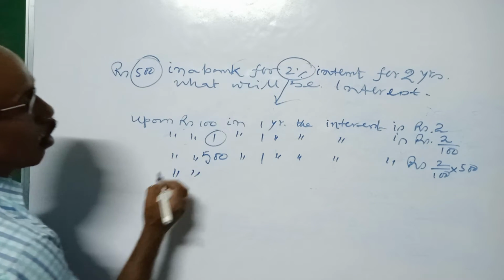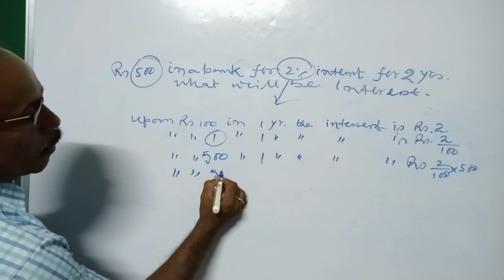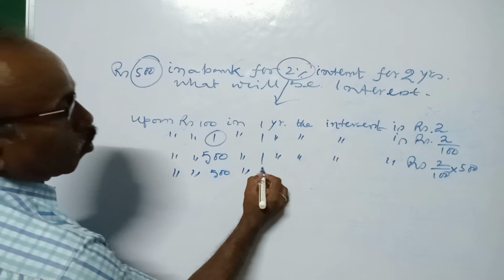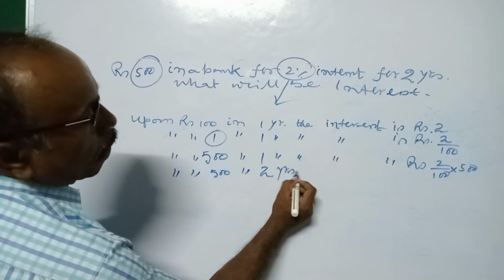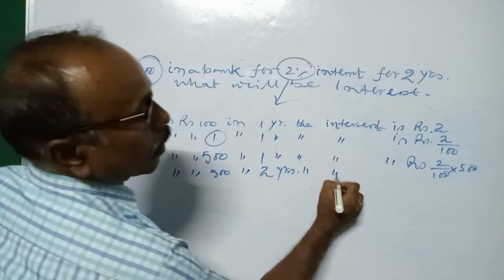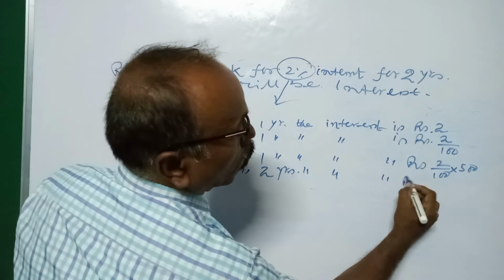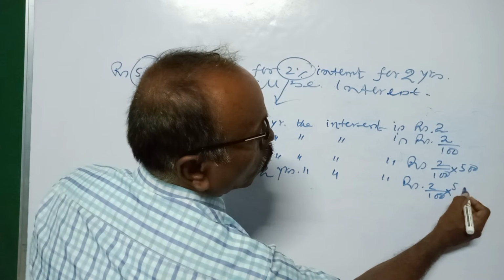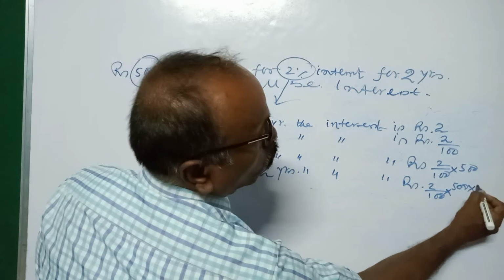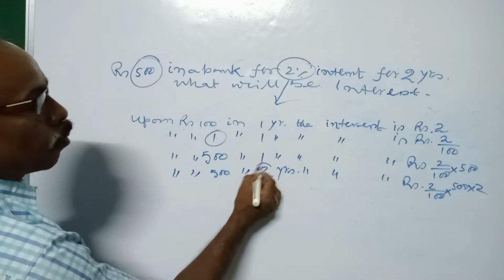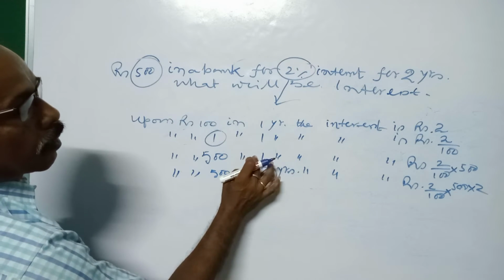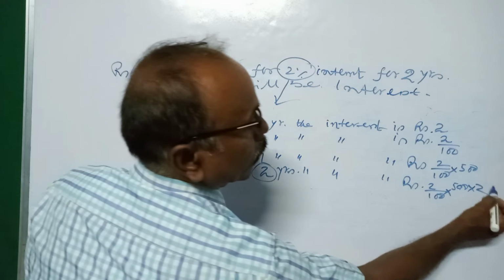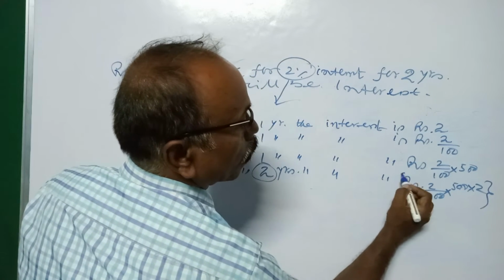Similarly, upon rupees 500 in 2 years, the interest is rupees 2 by 100 into 500 into 2, because 2 is more than 1, so it will be multiplication. Am I clear?